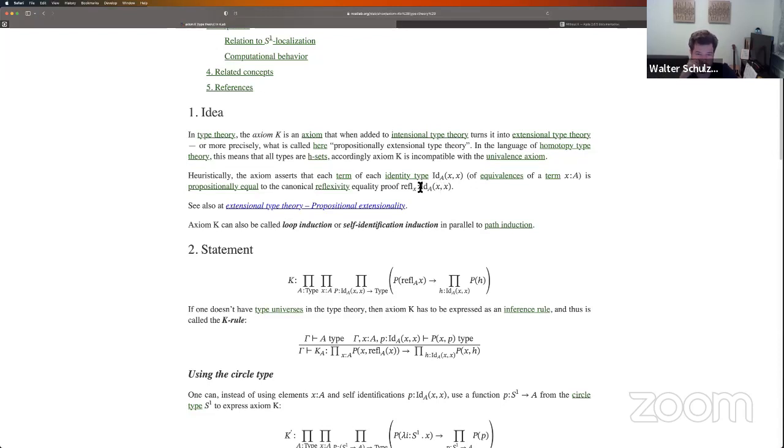And then we also have another parameter here, the reflexivity of A. I think Id A is just the identity type.